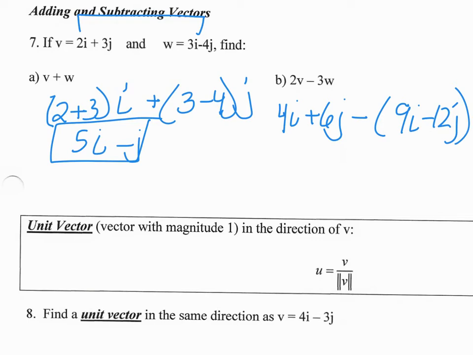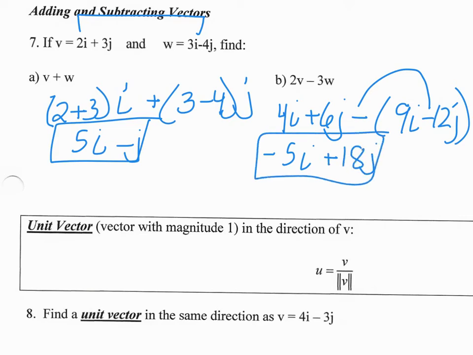So it'd be 4i minus 9i is negative 5i. 6j minus the negative becomes positive 18j's. Now on these two, if on a quiz or test I asked for component form, that looks awesome. You could also express it like this, 5, negative 1. You could also express this as negative 5, 18. Same thing.